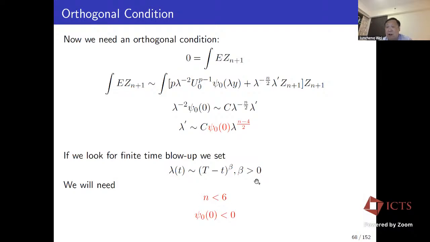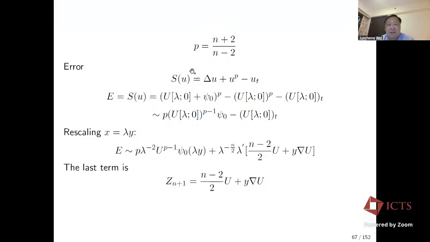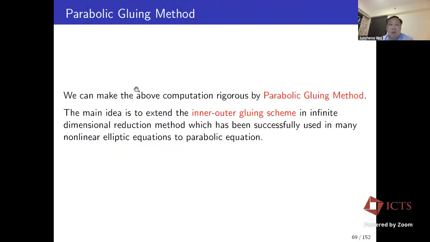So that's why n equals 5 is the easiest, okay? And everything here is very simple, very easy computation, and we'll make this computation rigorous by the parabolic gluing.